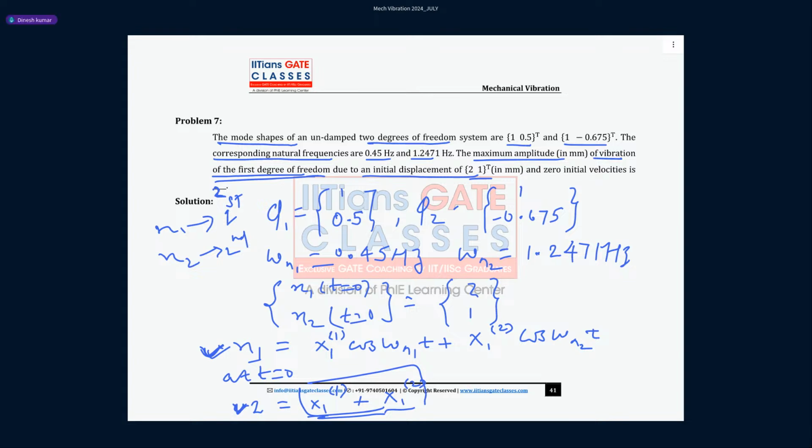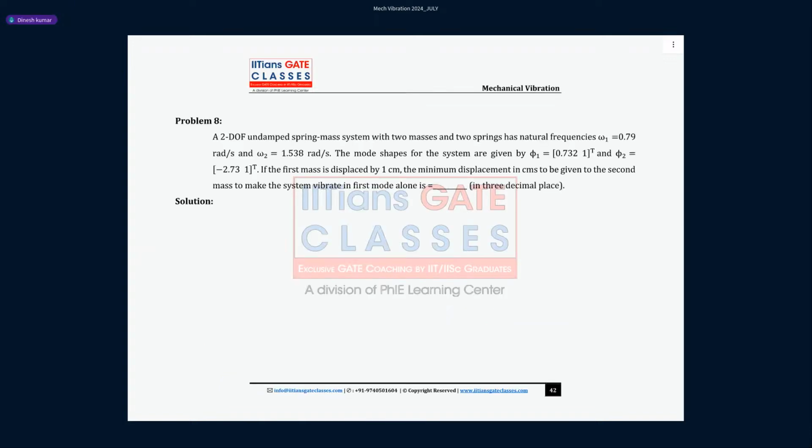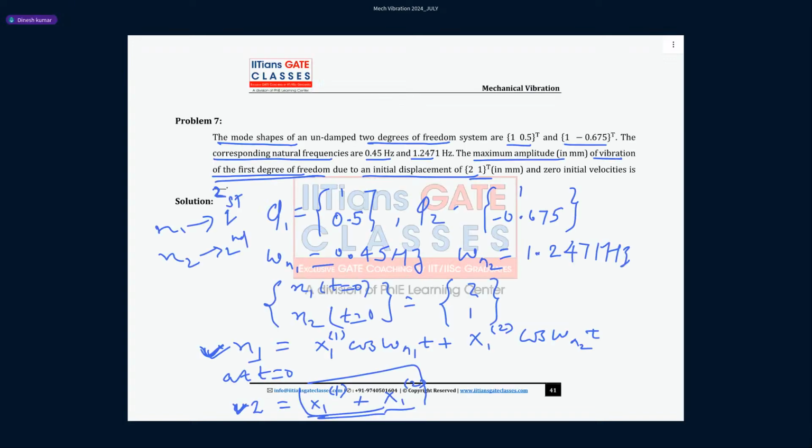So 2 will be the maximum amplitude. It cannot be more than that, and it is the initial displacement. So any object which is vibrating freely, and the initial velocity is 0, what is the maximum amplitude? It is the initial displacement. Clear?